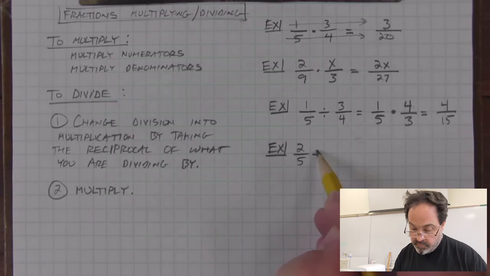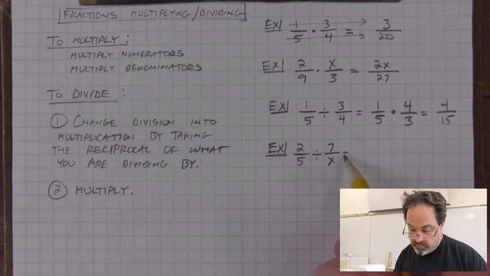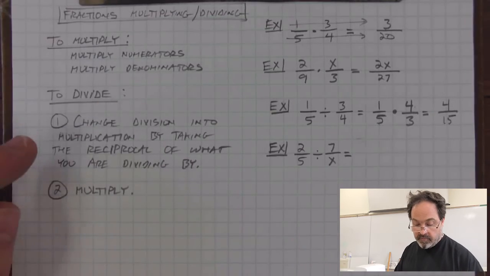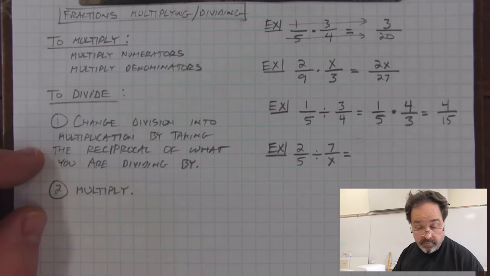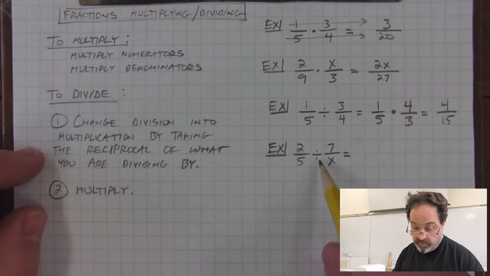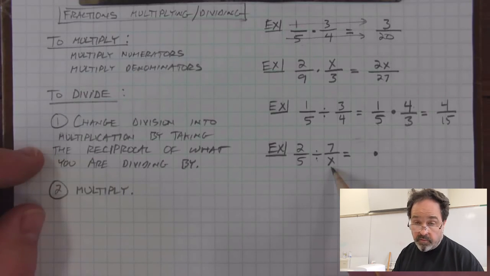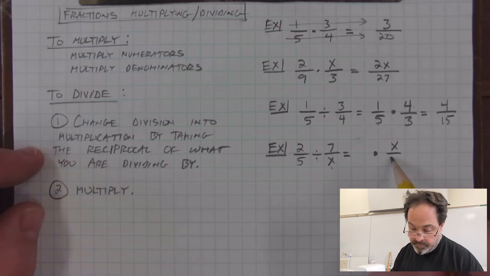2 over 5 divided by 7 over x. Step 1. Change division into multiplication by taking the reciprocal of what we're dividing by. So we're going to change this division into multiplication, and the other change we need to make is taking the reciprocal of what we're dividing by, this 7 over x. 7 over x becomes x over 7.